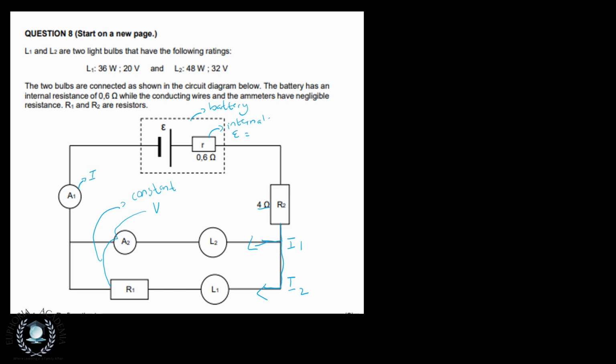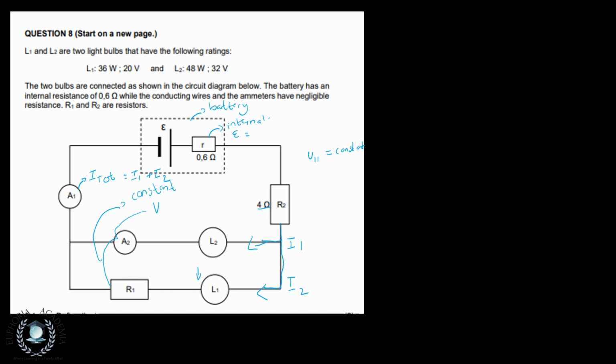A1 is the ammeter, and that will read the total current. So it will read I1 plus I2. And we already know that the voltage will be the same, so the voltage across a parallel circuit is constant. But it's important to note that across each resistor or across each load, there will be a voltage drop.